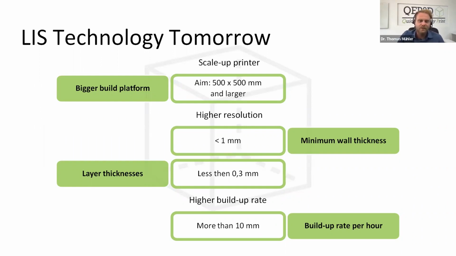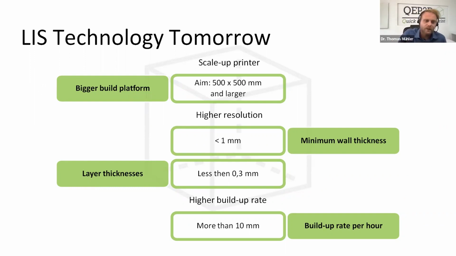As Wambos has already mentioned and shown, it's possible to produce simple geometries for green body post-processing very quickly with this LIS process. That's a big benefit compared to conventional production to get a toolless, quick green body.